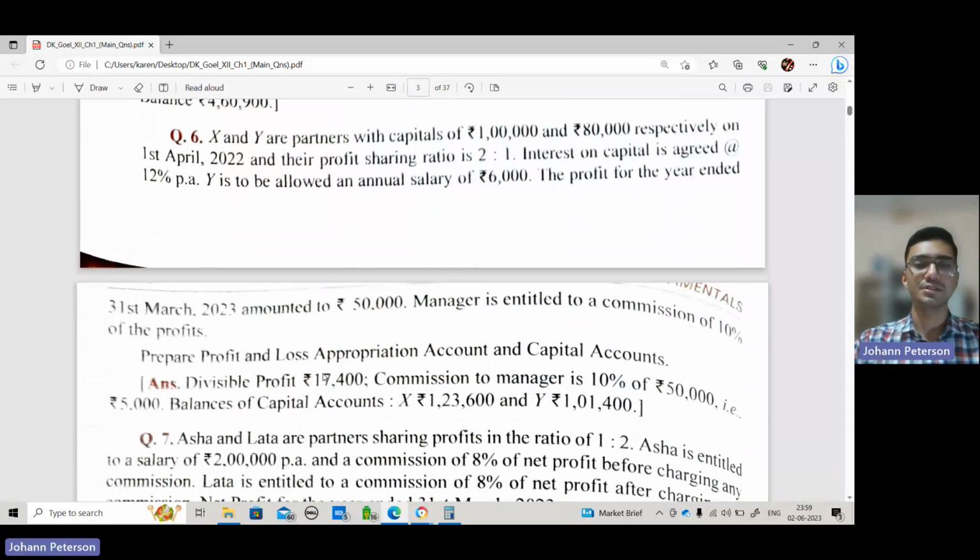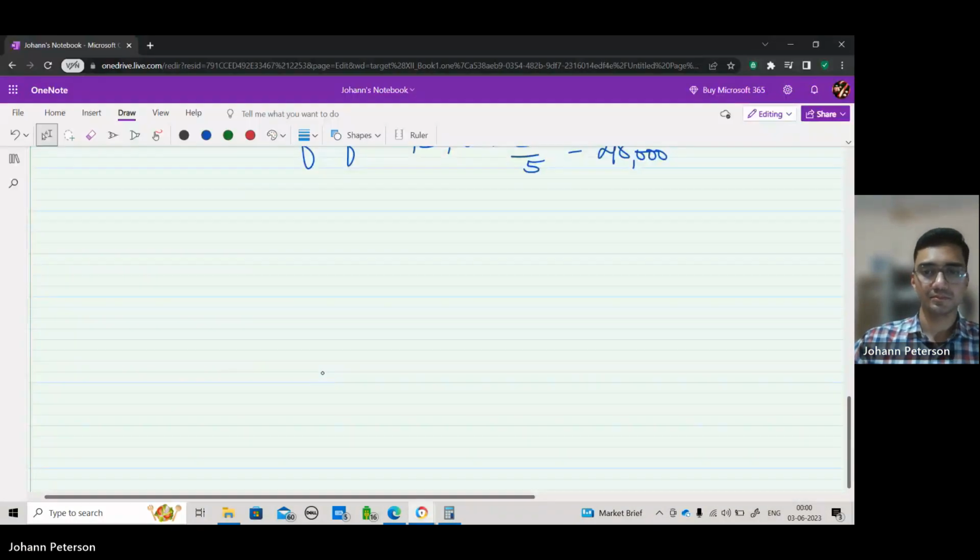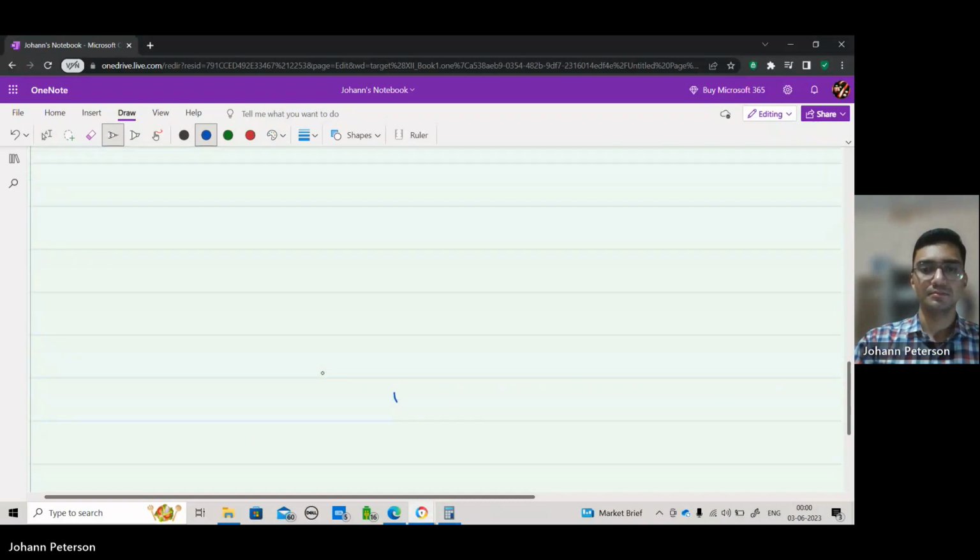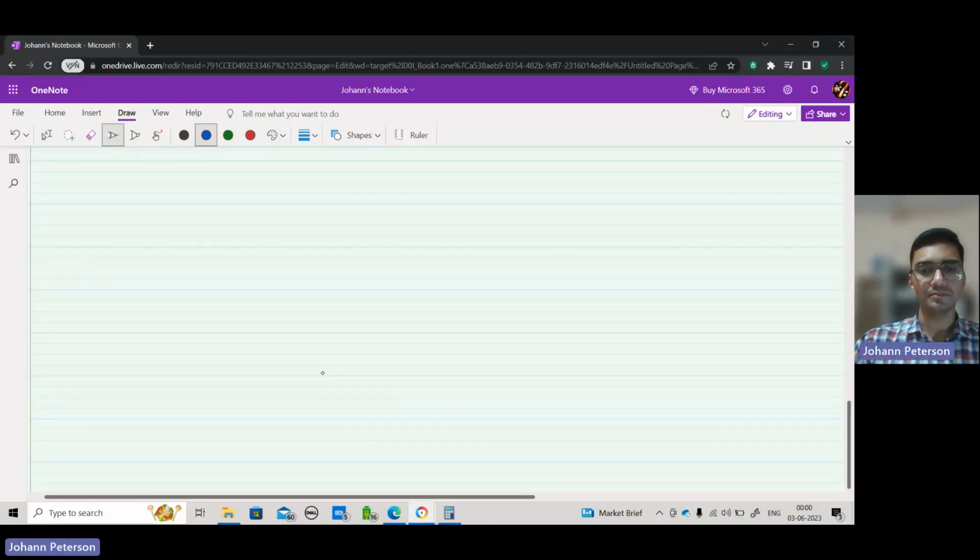All right, so we have a situation where we have two partners. Again, we have to prepare the same two accounts, and we also have to give a manager a commission of 10% of the profits. So, solution 6.